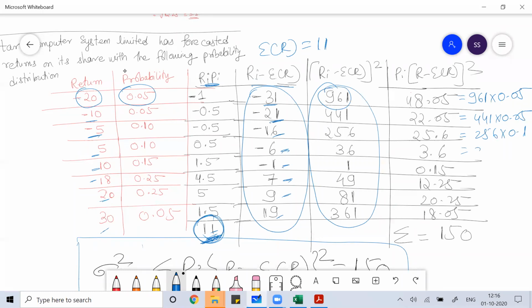Then 36 into 0.1. Then 1 into 0.15. Then 49 into 0.25. Then 81 into 0.25. And then 361 into 0.05. So whatever value you get, do the sum of that. You will get 150. So 150 is the variance. Do the square root of that, you will get standard deviation.